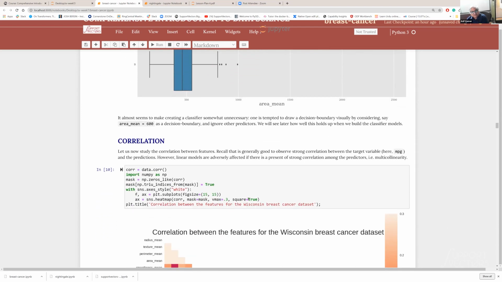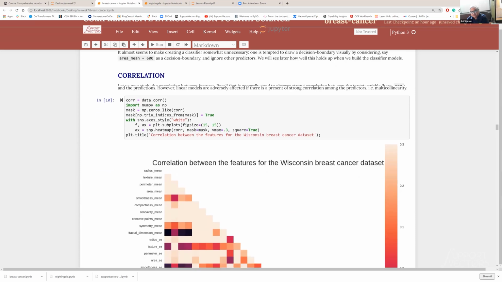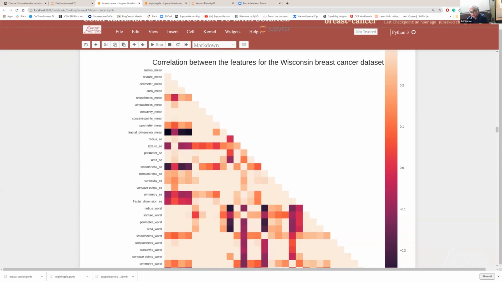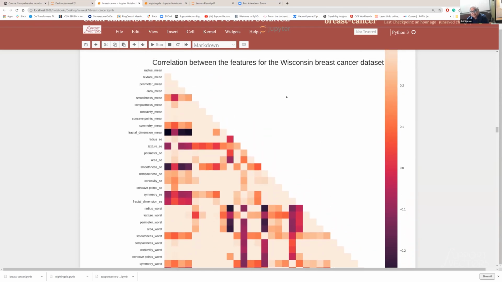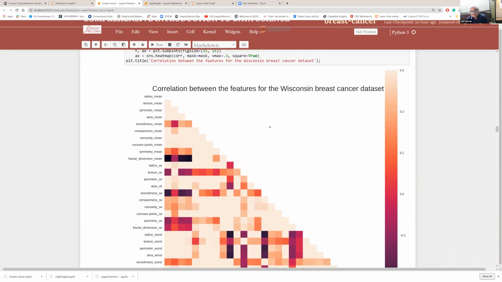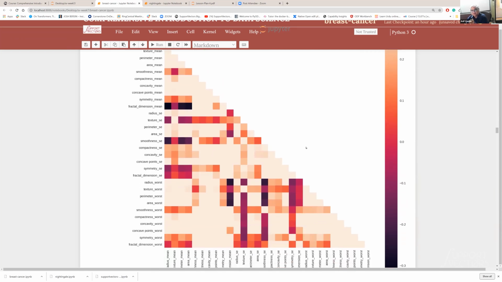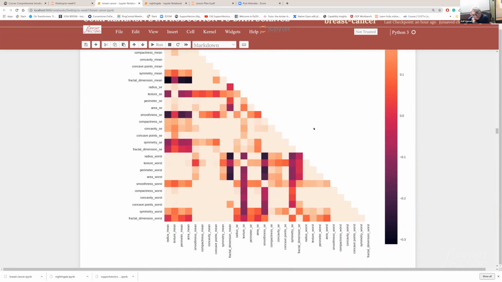Let's look at the correlation between variables, because we don't want to see very strong correlations. There don't seem to be very strong correlations, but there is some degree of correlation, right? Positive and negative correlation. For example, smoothness has a relatively negative correlation to radius worst, isn't it?